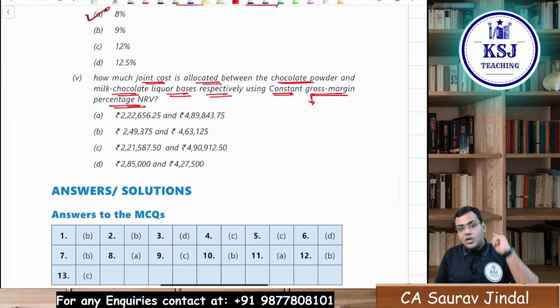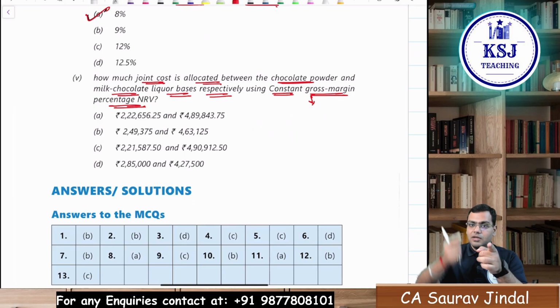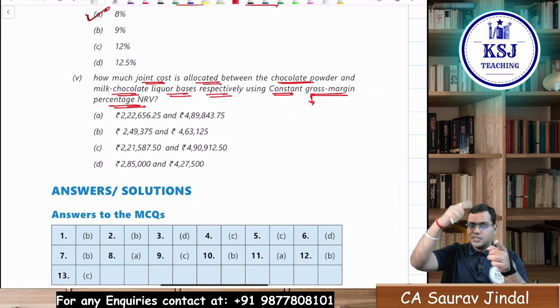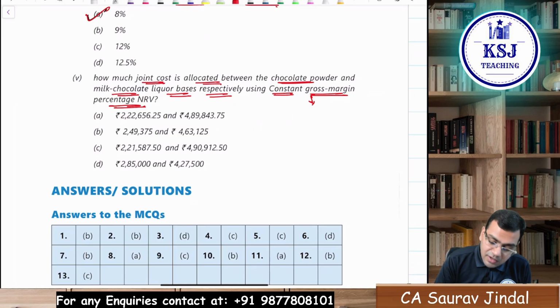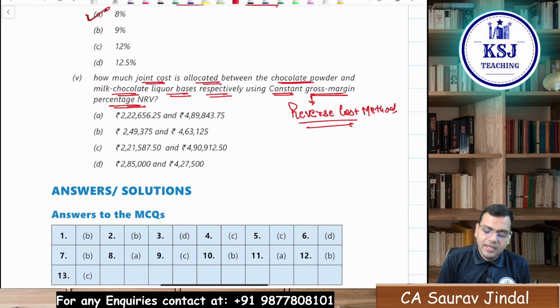If the sales are given and the profit margin is given, what is that method called? That method is called the reverse cost method. That is what is to be applied here.